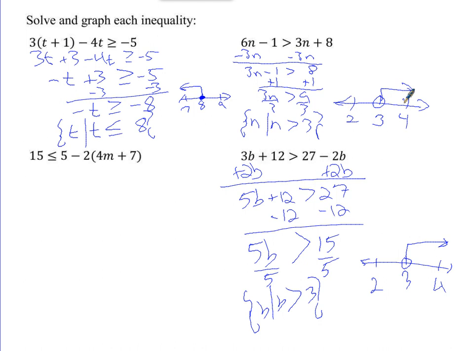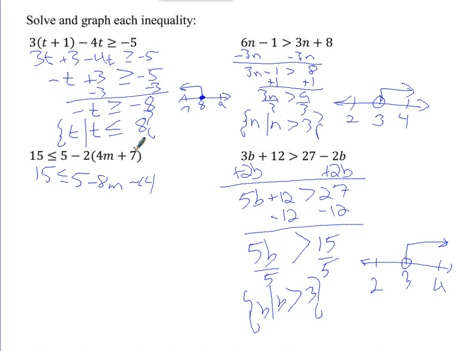Next, what do we do? Distribute, so we get? Good job, minus 14. Remember with that minus sign in front, right there, that is a negative 2 that's being distributed in, so it's negative 2 times 4m, which is negative 8m, negative 2 times positive 7, which is negative 14.